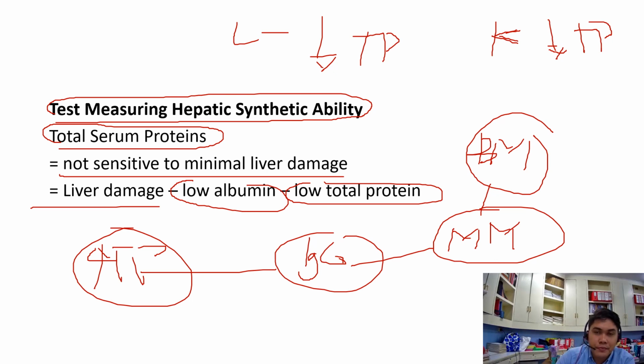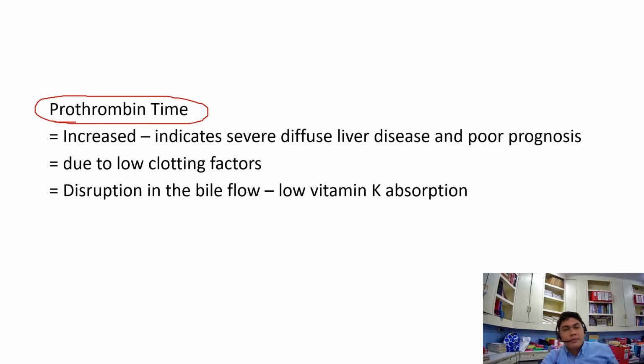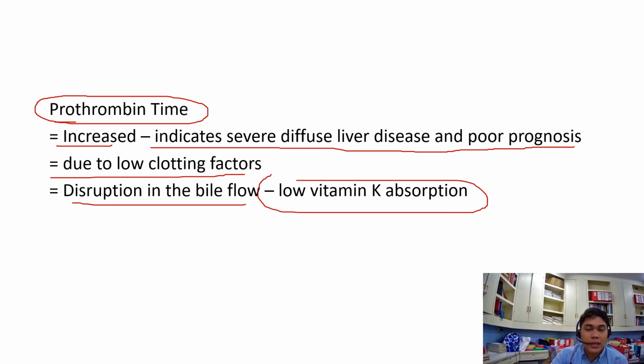Next is prothrombin time, another liver function test. An increased prothrombin time indicates severe diffuse liver disease and poor prognosis, and it is due to low clotting factors. Disruption in the bile flow also causes low vitamin K absorption.